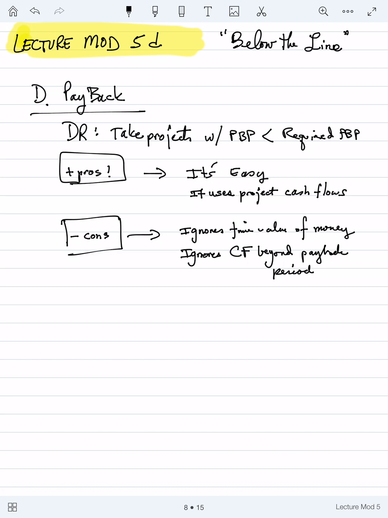Third issue is that this methodology does not consider risk in our assessment of the project. We're not thinking about the risks associated with the project. And I think it's very important to note that having a required payback period established by managers is an arbitrarily determined criterion.